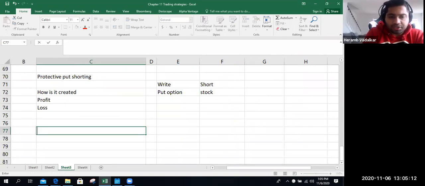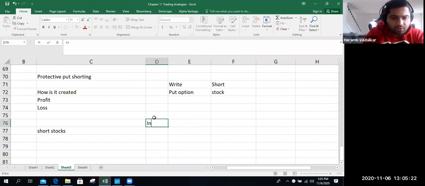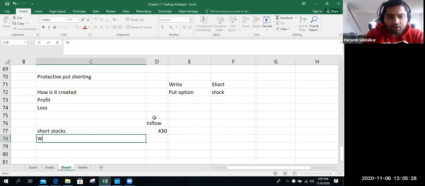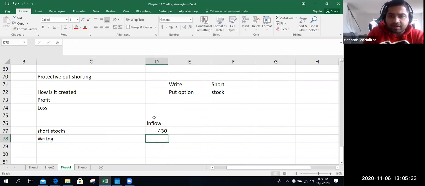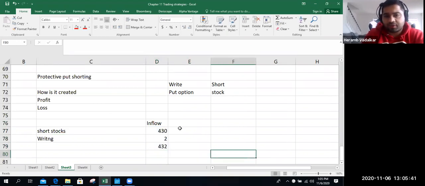So the position you're creating, you're shorting the stock. So let's say it's Tesla. When you short any stock, you get money, so inflow. Let's say $430 is the stock price. And you're also writing a put, and writing a put also gives you money. So it was $2. So effectively your inflows are 430 plus 2, $432.